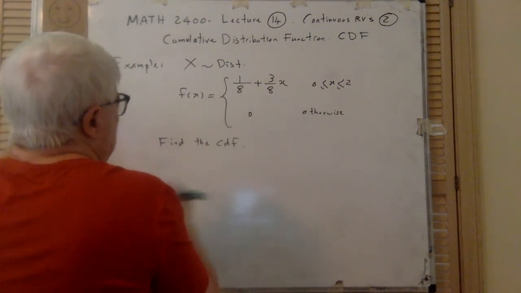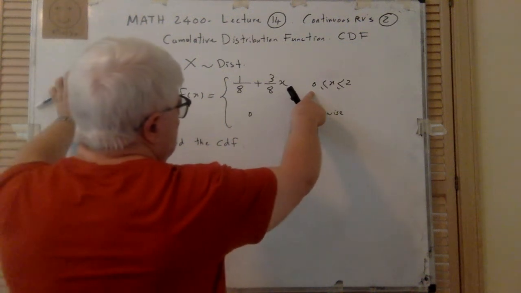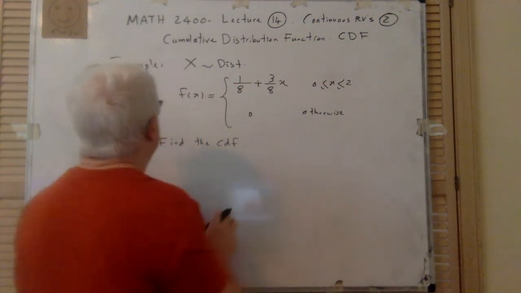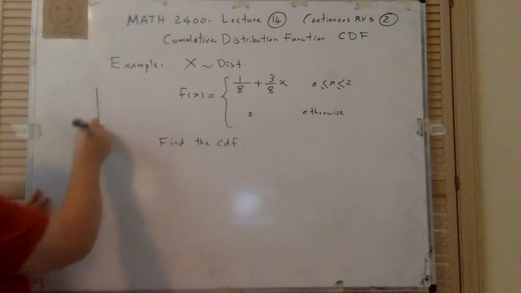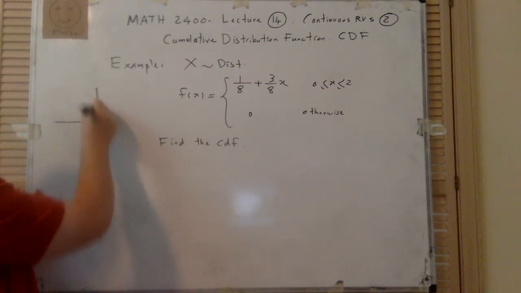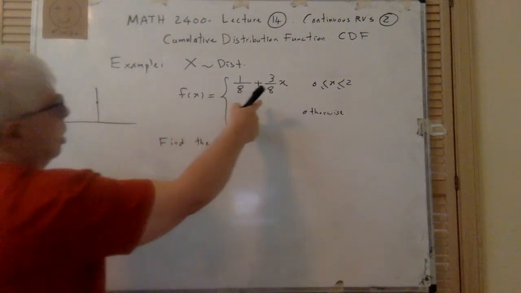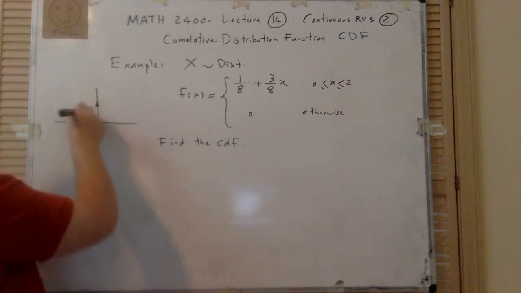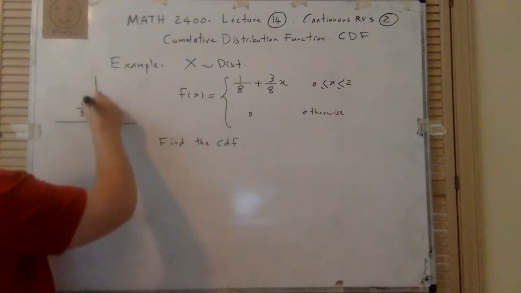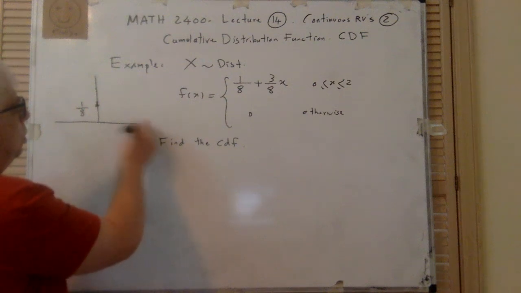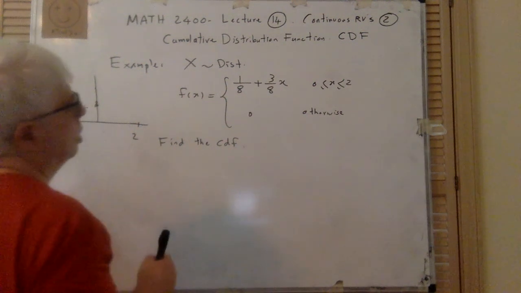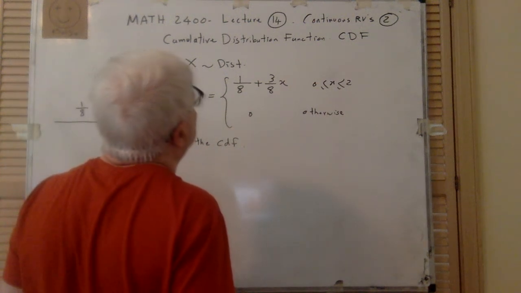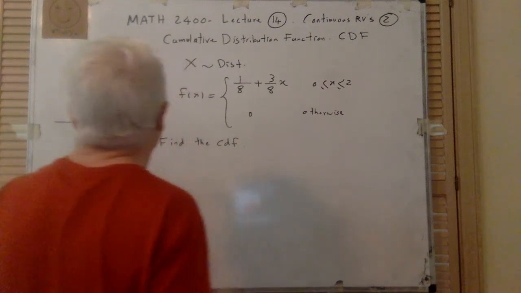So, well, the CDF is very easy, but let's try and graph it. It's 0 up to 0, then at 0 it changes to 1/8, and it goes up to, at 2, it is 7/8, so it's something like that.